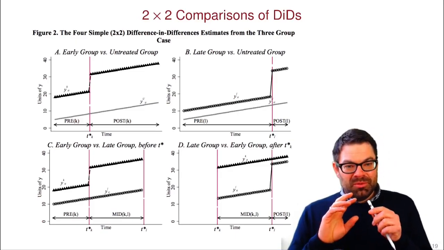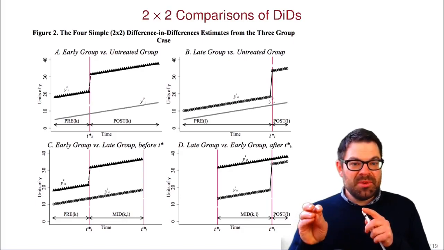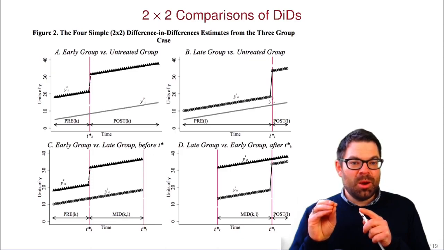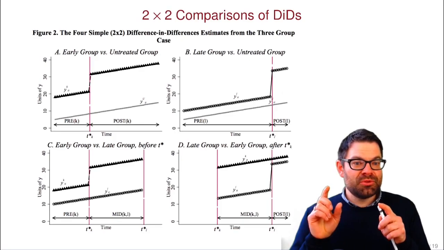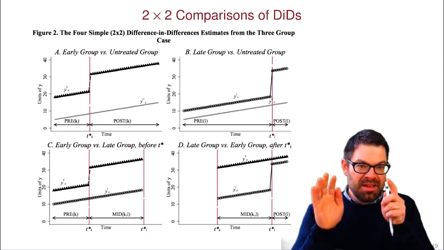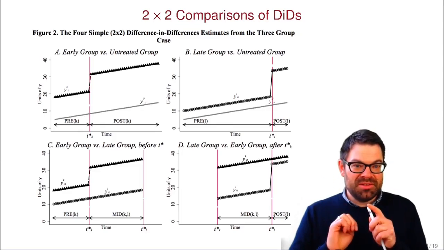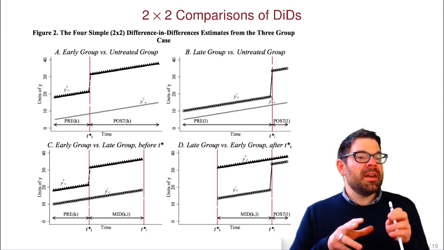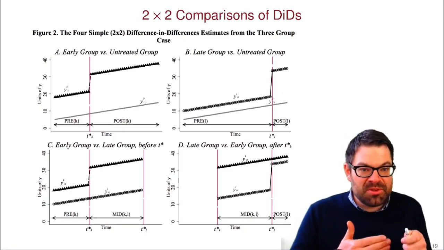So what Goodman-Bacon shows in his work is that the estimate beta that you get is a weighted average over those 2x2 comparison groups. And if you have non-treated and then 2 treatment groups, you have 4 2x2 comparisons. 3 of those are those that people typically have in mind when interpreting their results.